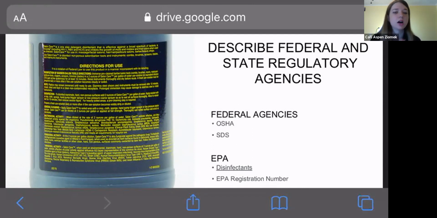These are the people in charge of handling, mixing, storing, and disposing of any products, and general safety in the workplace. They are the ones determining what safety equipment you're using and what disinfectants you're using. All of that is picked by OSHA.